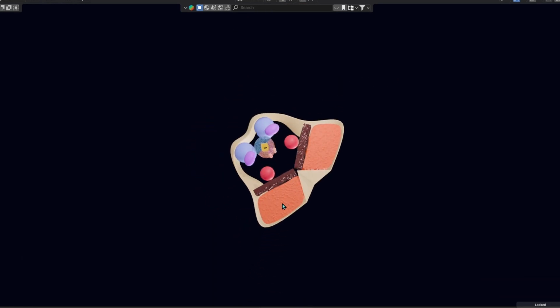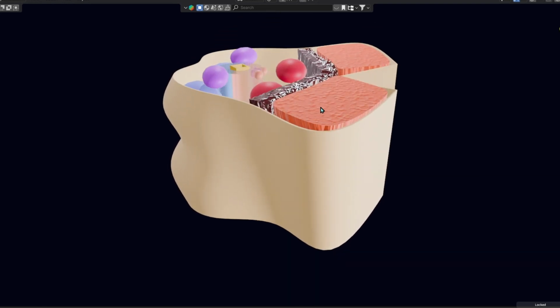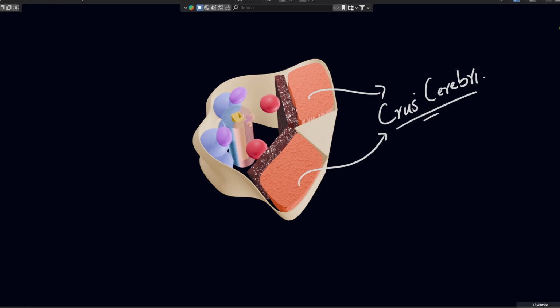These descending fibers form the structure we call the crus cerebri. This structure, which consists of descending fibers from the cerebral cortex, is called crus cerebri. I don't know how to exactly pronounce it. It consists of the fibers that are going to the spinal cord.